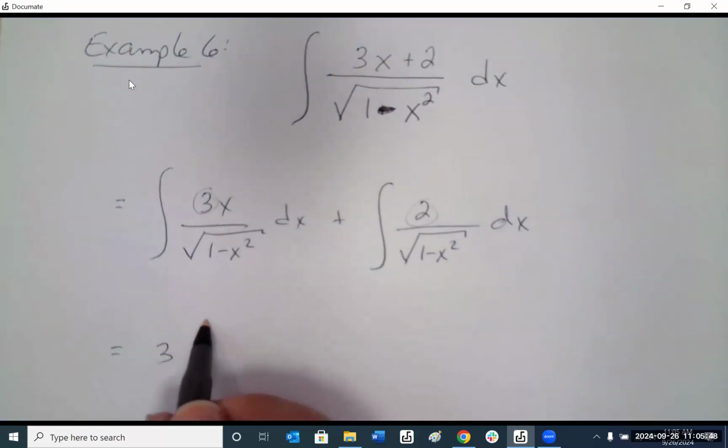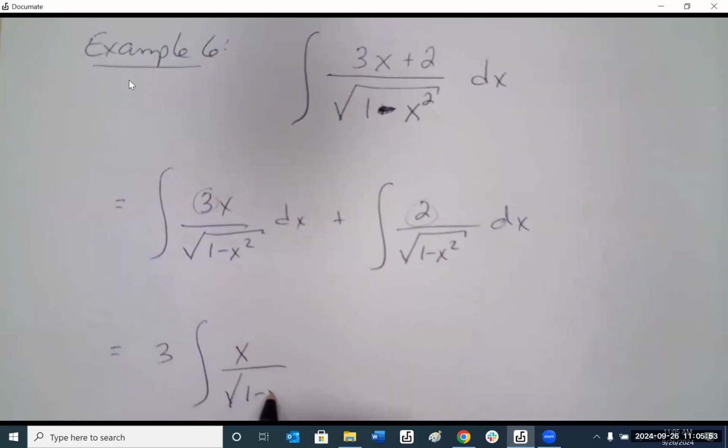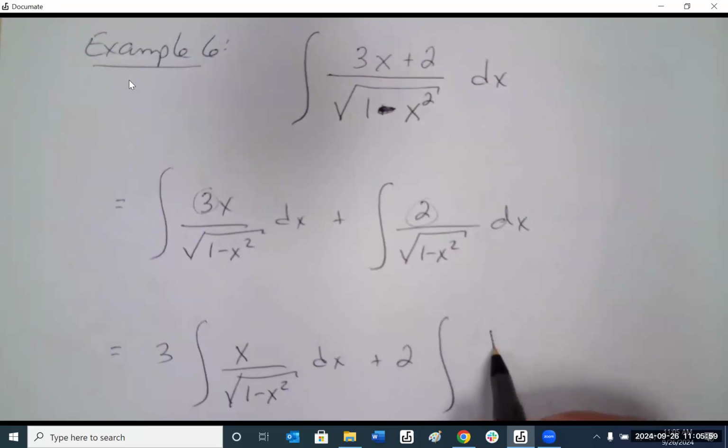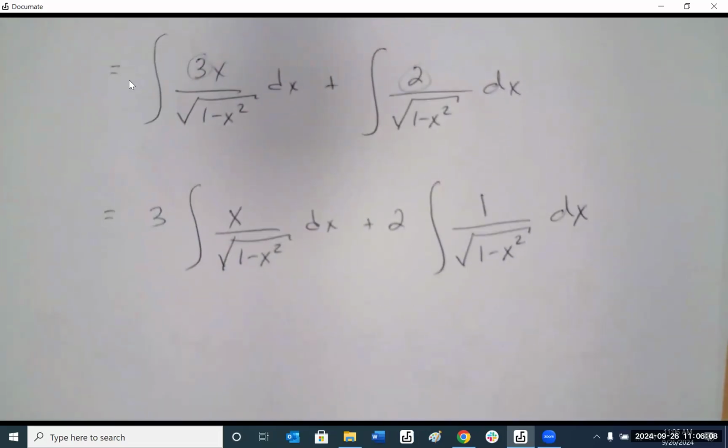They could be taken out in front. Now we can go back and check again.